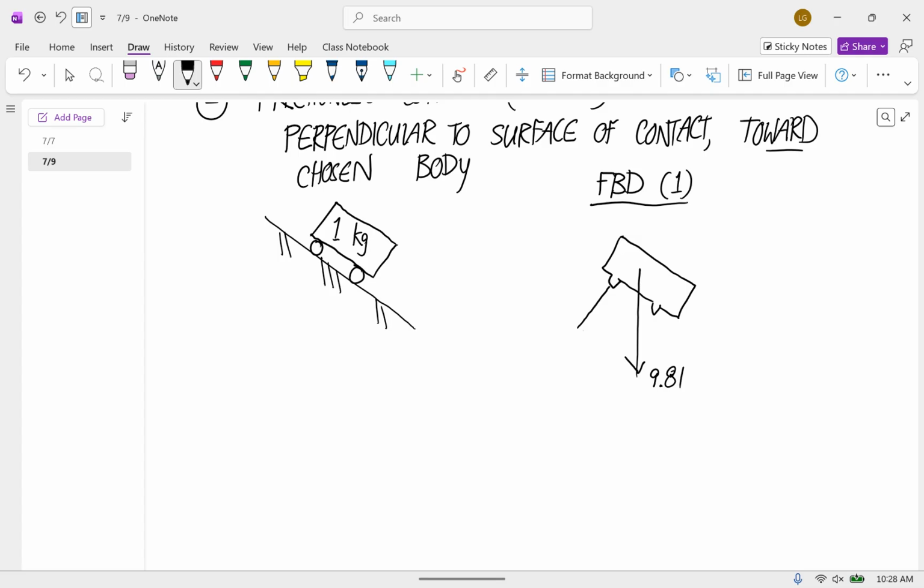And then it's toward the chosen body, so it has to be this way. And we don't know what the magnitude is. I'm just going to give it a variable name. A common one is normal force for this. So that's a complete free body diagram because now we've gone all the way around and the wheels are the only place that the boundary is contacting the surroundings.